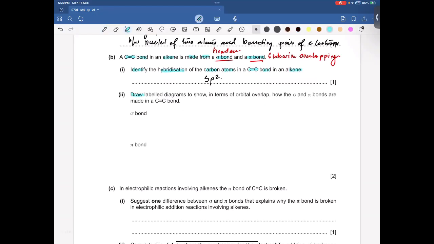Draw a labeled diagram to show, in terms of orbital overlap, how the sigma bond and pi bond are made in a C-C bond. A sigma bond is always formed through head-to-head overlapping of s orbitals. So I'm going to make the s orbital like this.